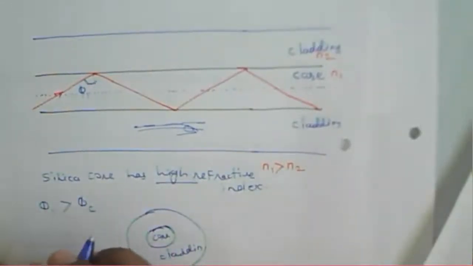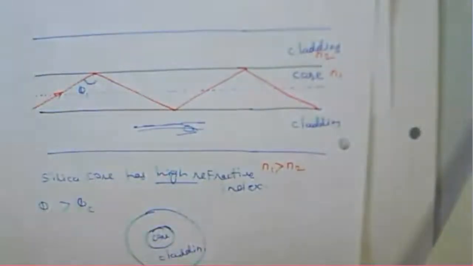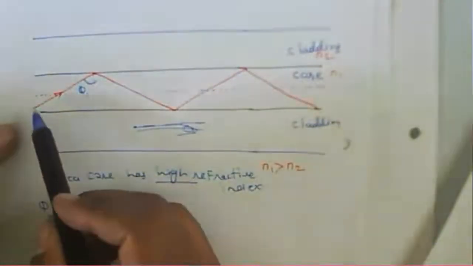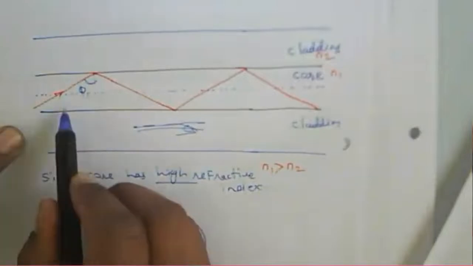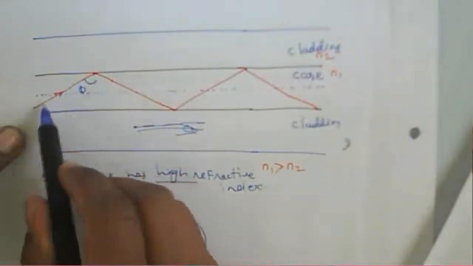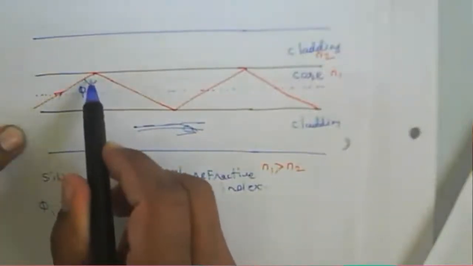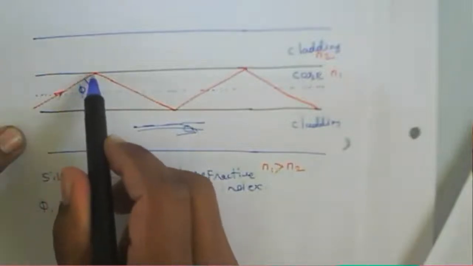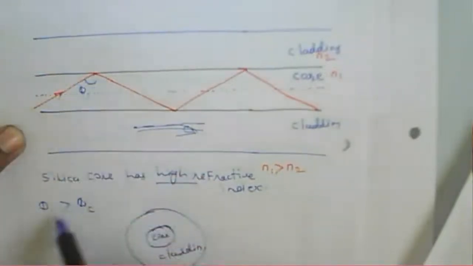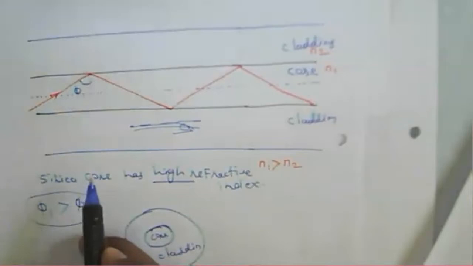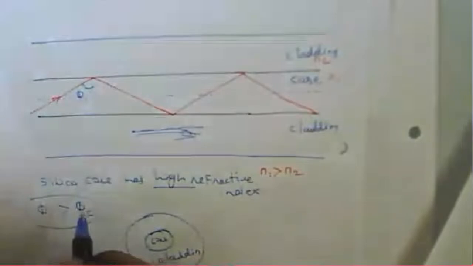When the angle of incidence, phi 1, is greater than the critical angle, then your signal will be reflected. So when we propagate any signal, we should know that the incident rays at this boundary should fulfill the condition of total internal reflection.